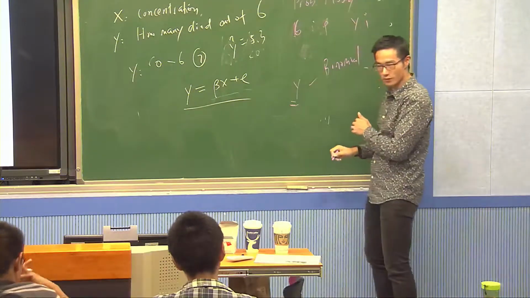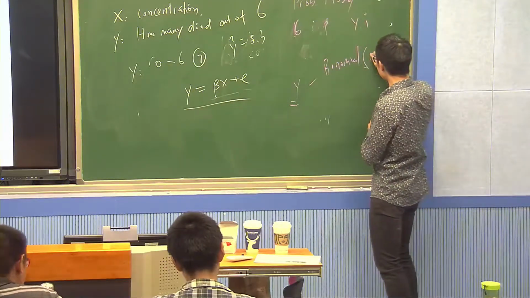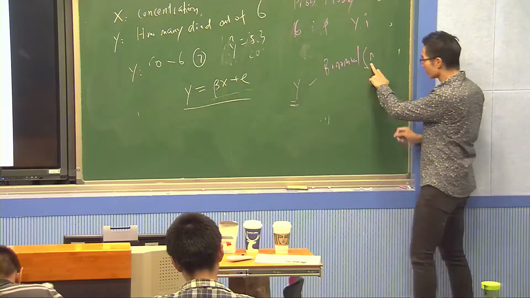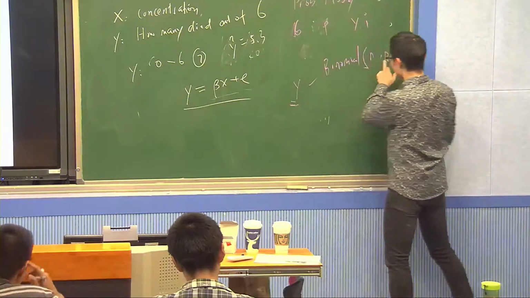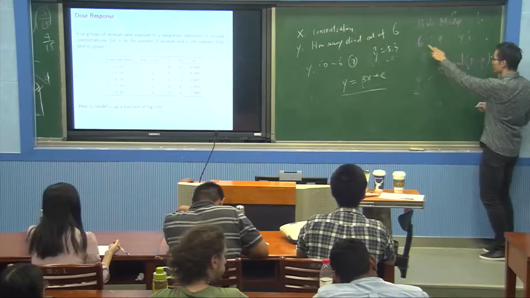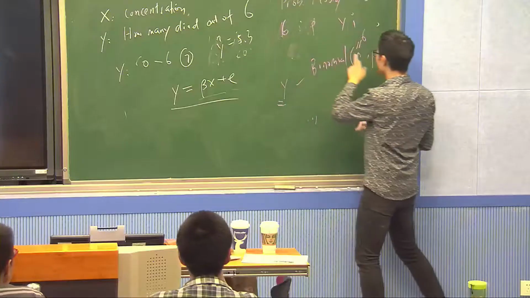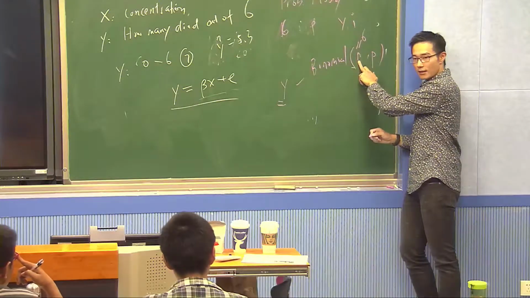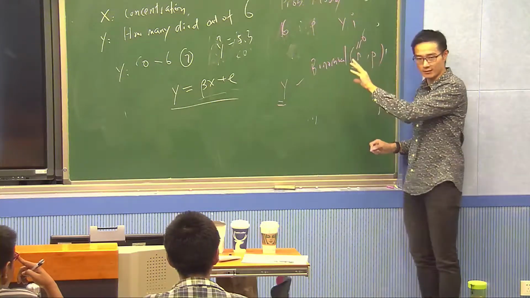It's a binomial distribution where we have n individuals, and each individual has probability P of being equal to 1. Now, this n here is just equal to 6. We have 6 individuals. And this probability is the probability of dying.